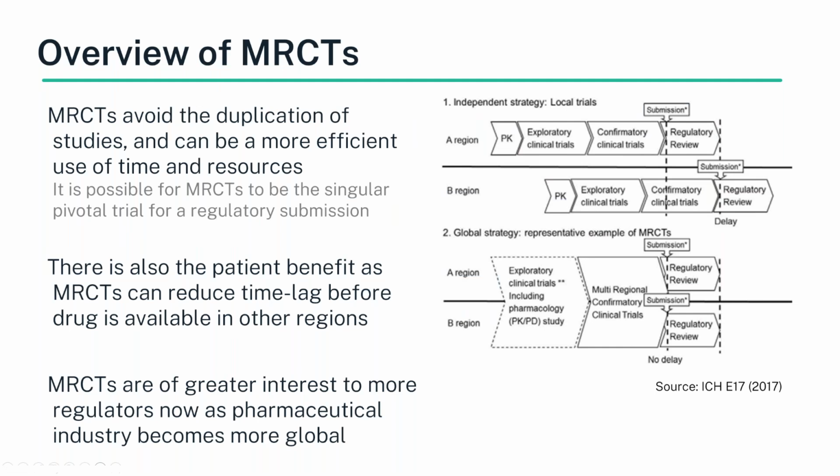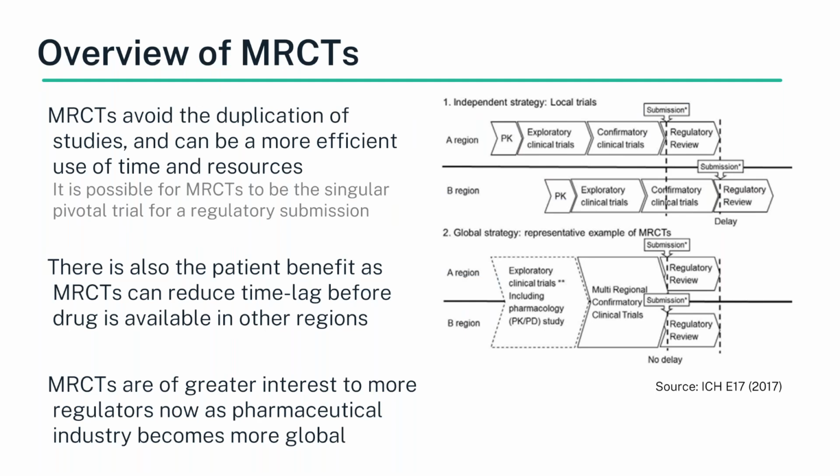And then another benefit of multi-regional clinical trials for patients is that in the case of extremely rare diseases or conditions where enrollment is always expected to be slow or extremely slow, it might be difficult to have a large confirmatory trial consisting of patients from one particular region exclusively.